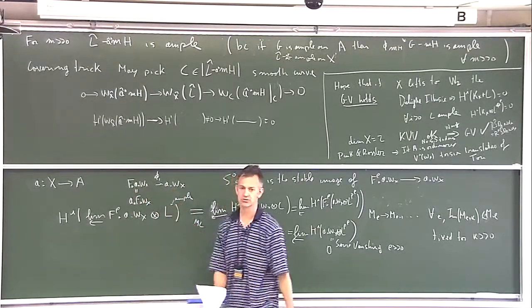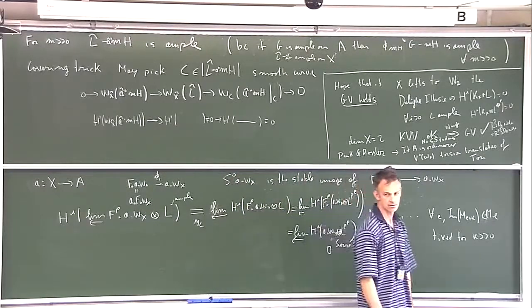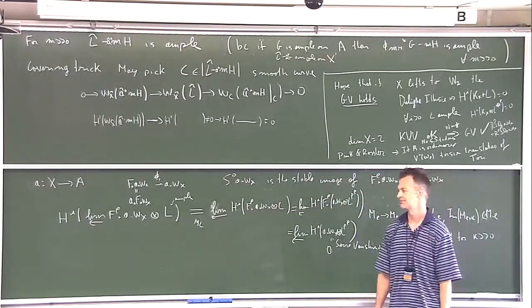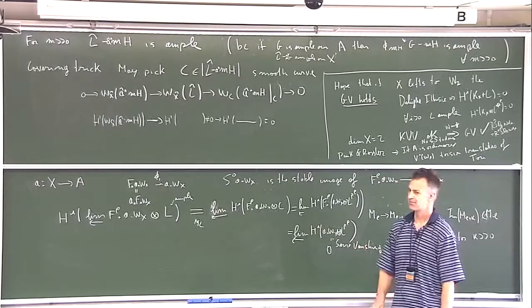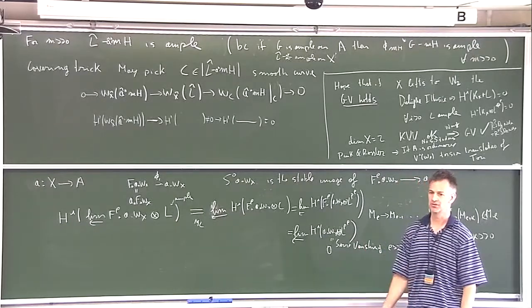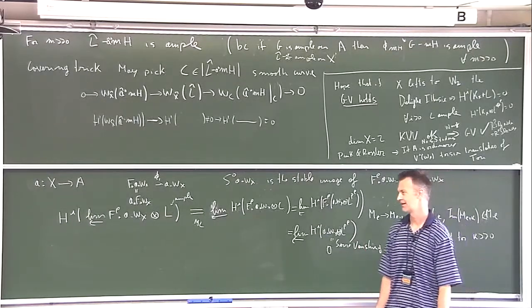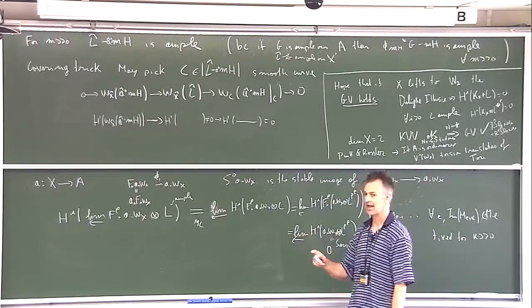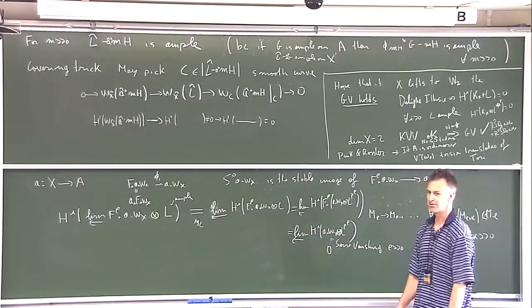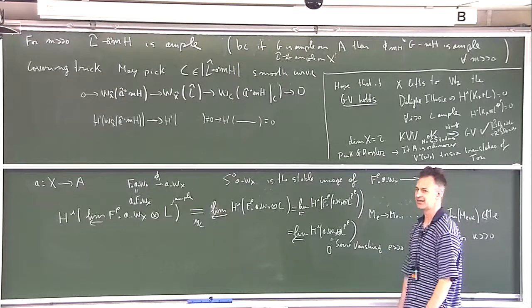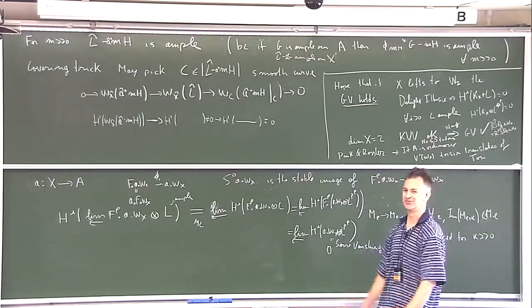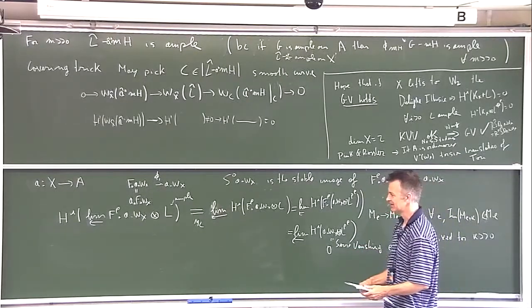You have to really use the strength of Cartier modules. So I probably don't need to assume that X is smooth, but maybe that K_X is Q-Cartier, and possibly its index is not divisible by P. Let's just say it's smooth, so I don't have to worry about it.